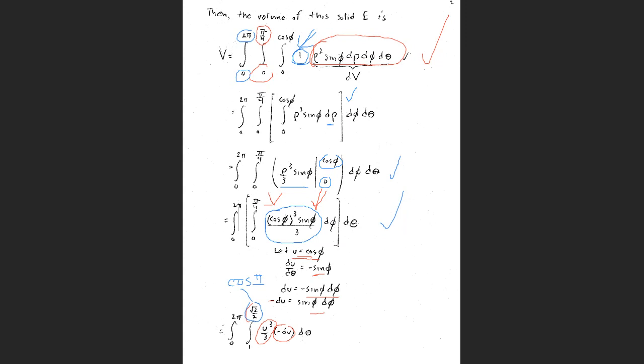Cosine of 45 degrees is root 2 over 2. And then the 1 here, that's just the cosine of 0. So on that inner integral, you're going from an integral with respect to phi to an integral with respect to u, just like you were trained to do.